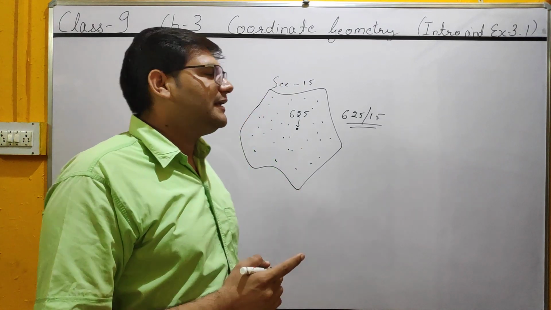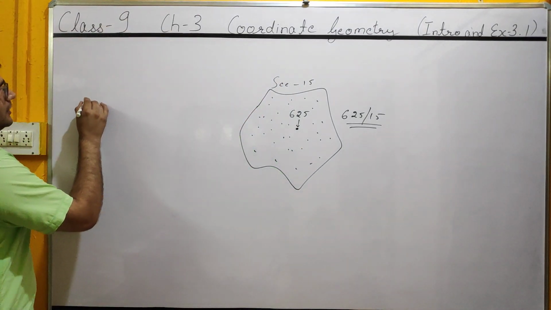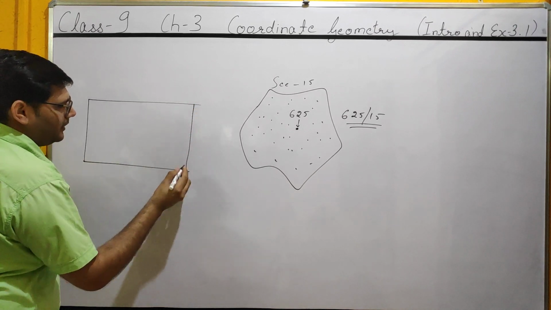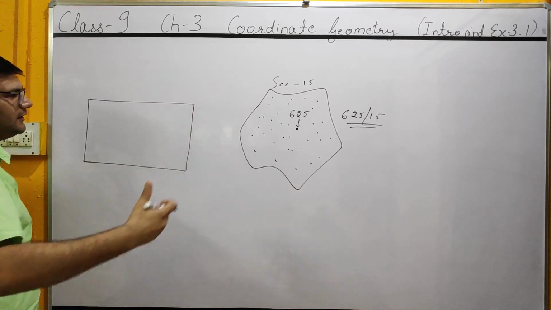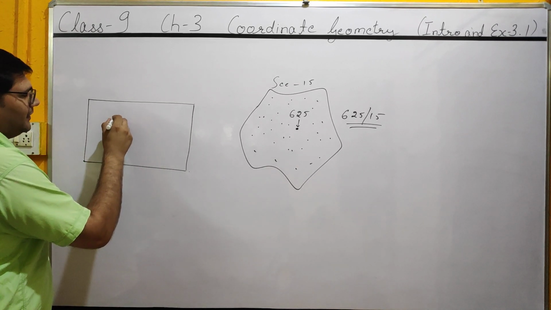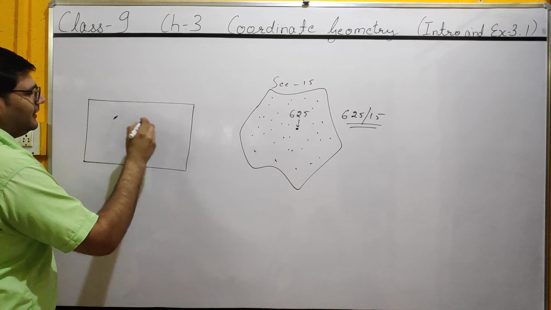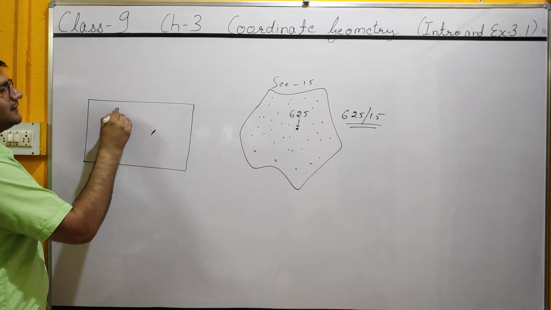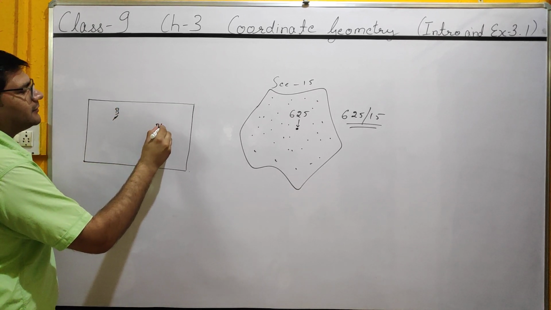Now we'll take one more example. Suppose this is your table. This is a really very common example, but we will just mold it a little bit. Suppose there are two pens kept. One is here and another one is here. This is of black color and this is of blue color.